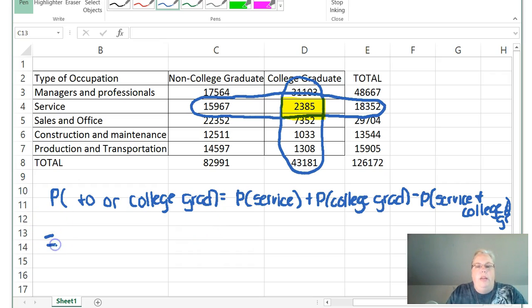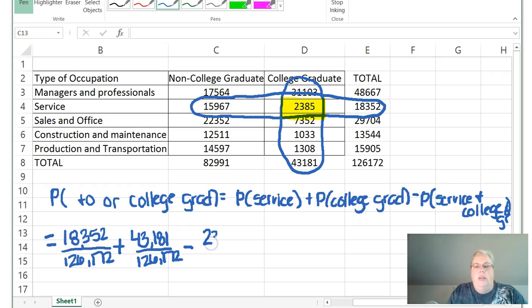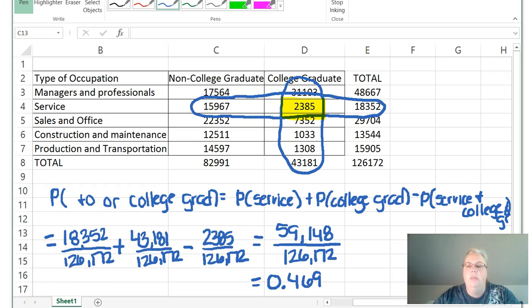So the probability of being in a service occupation is 18,352 divided by 126,172, plus the college graduates, 43,181 divided by 126,172, and then we're going to subtract 2,385 over 126,172, and that will give us a grand total of 59,148 divided by 126,172.